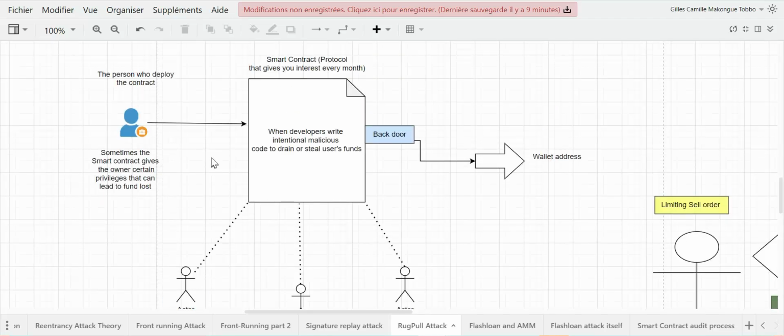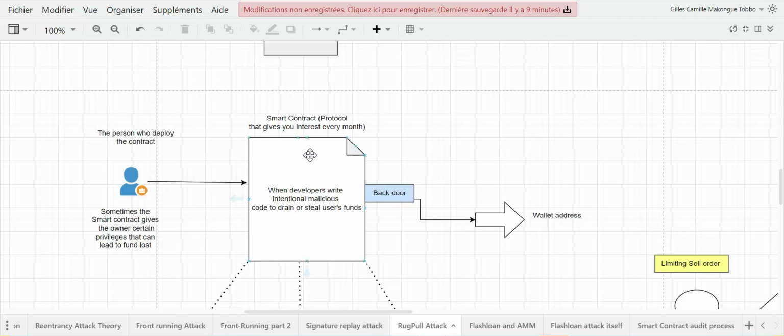But it's really important to understand that sometimes a smart contract gives the owner certain privileges that can lead to fund loss. This is the smart contract that has been created, and the owner of this smart contract has some privileges to be able to move the funds that are inside this smart contract.